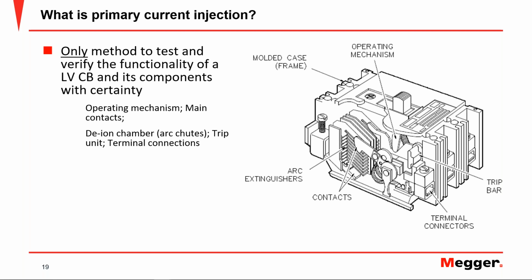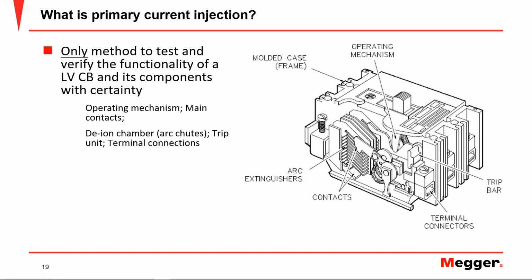And again, the importance of using primary injection lies in that when you duplicate those conditions, you're using the same current as the breaker will see in field conditions, in a controlled environment.